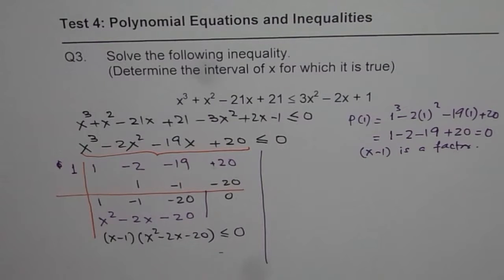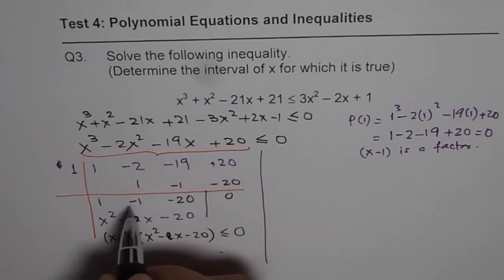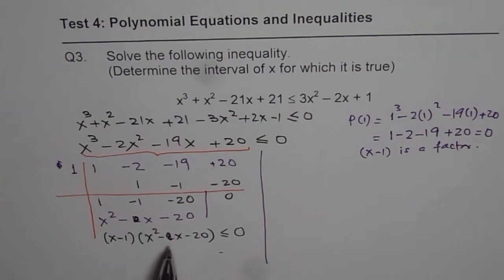Sorry, it is minus x, not 2x, so x squared minus x minus 20.